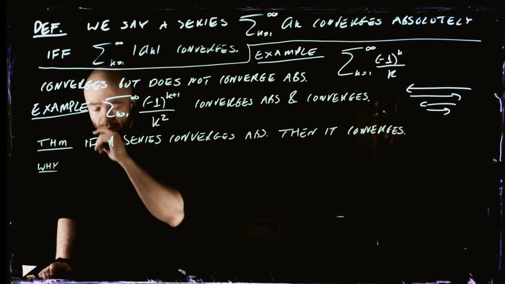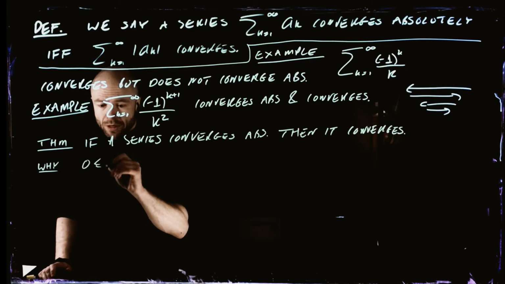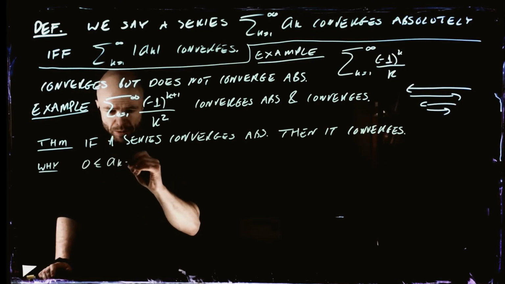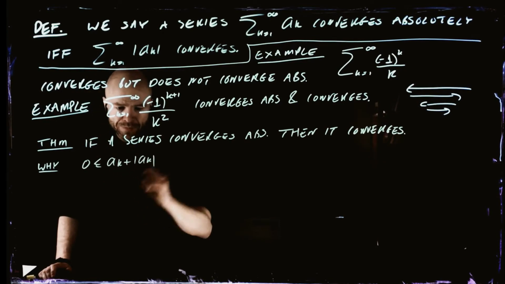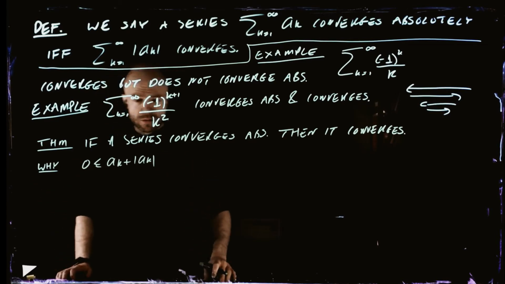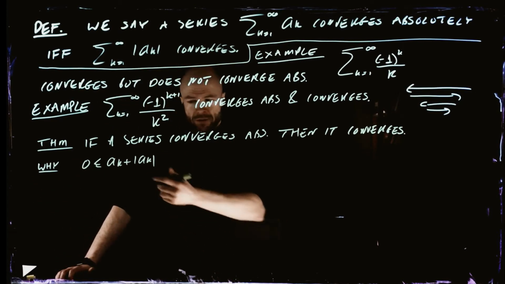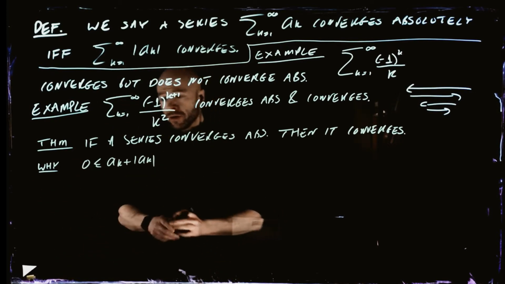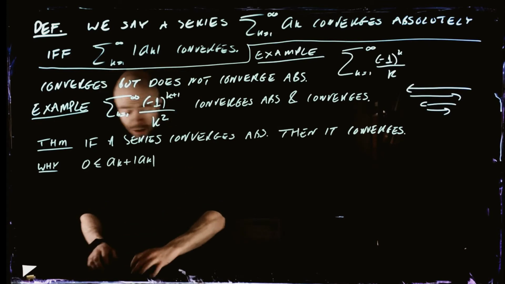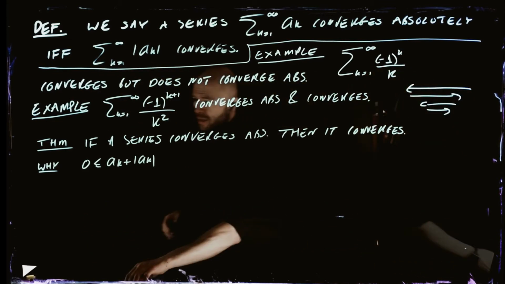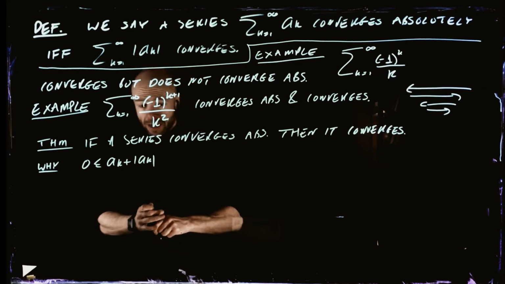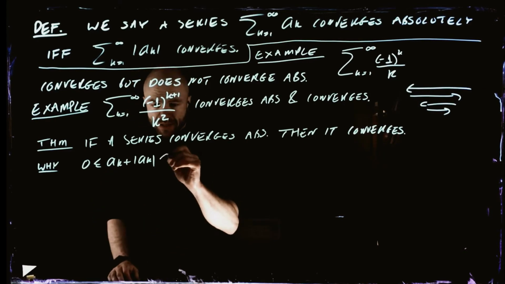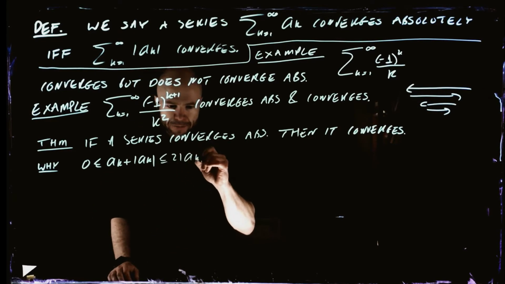All we do is look at the following inequality. If we take the terms of the series and add the absolute value like this, then it's got to be bigger than or equal to 0. If a_k is positive, then for sure that's true. And if a_k is negative, it's still true. And it's also obviously true that this thing is less than twice the absolute value of a_k.